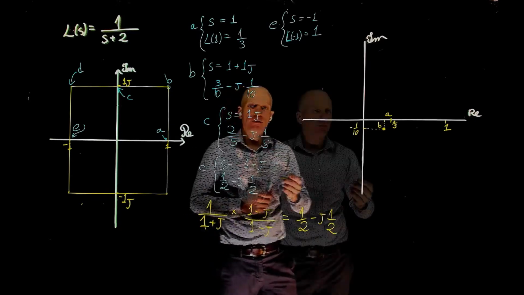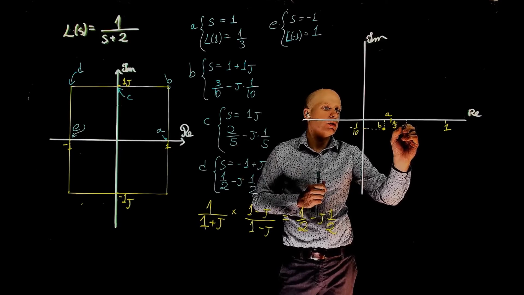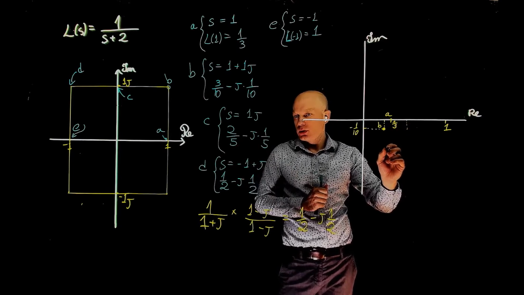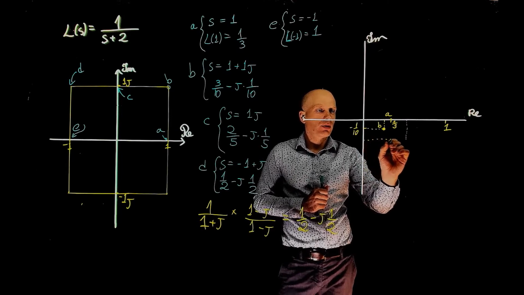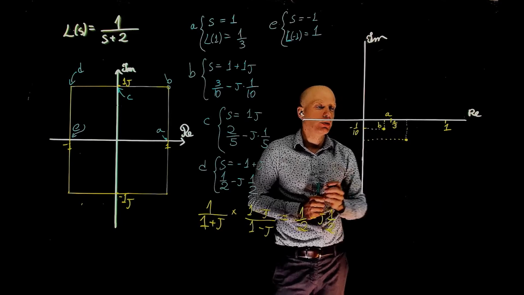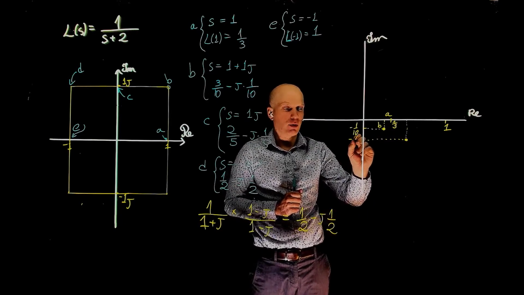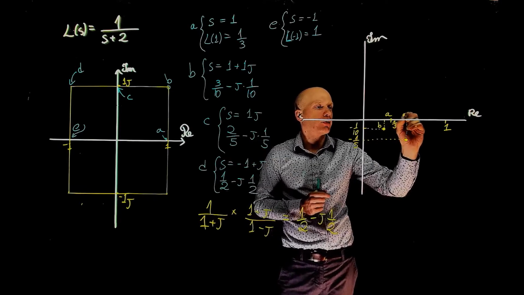Point C, we have 0.4 on the real axis, which should be around roughly here, and 0.2 for j, negative 0.2. Here we are. So this is negative 0.2, and on top here we have 0.4.